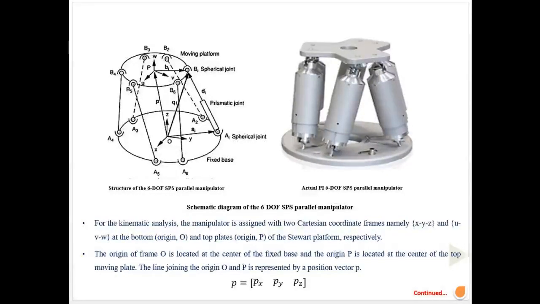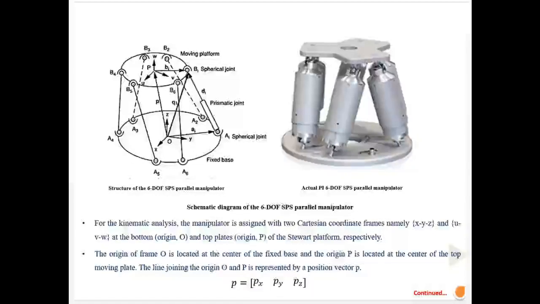These are the joint variables. A fixed inertial reference frame XYZ, capital X, capital Y, capital Z, is assigned at the center origin O of the lower plate, with the Z-axis pointing perpendicular to the plate.